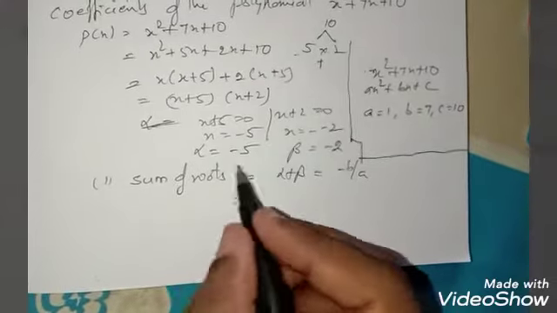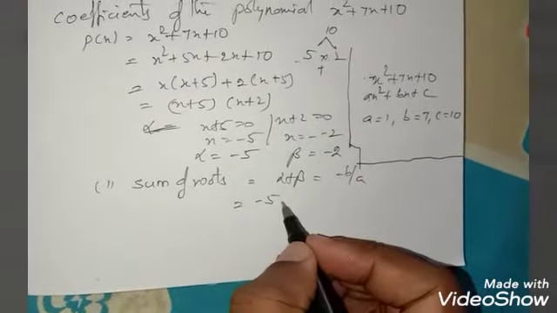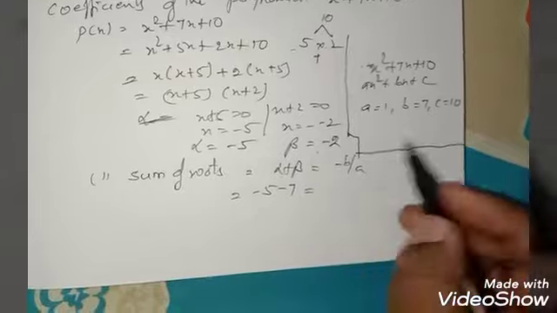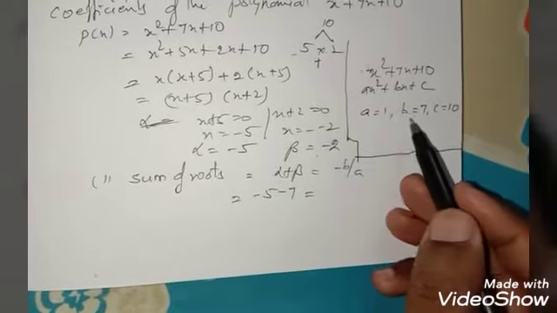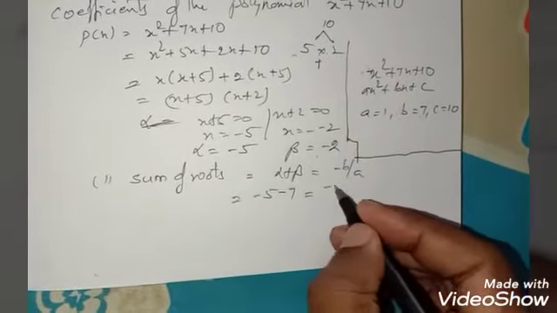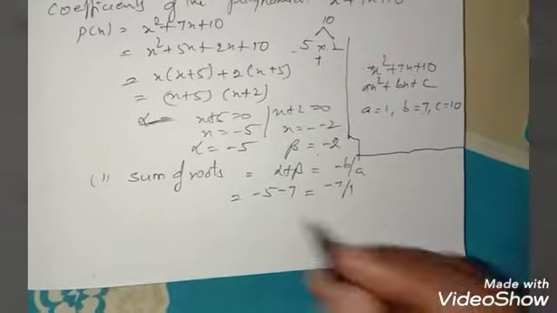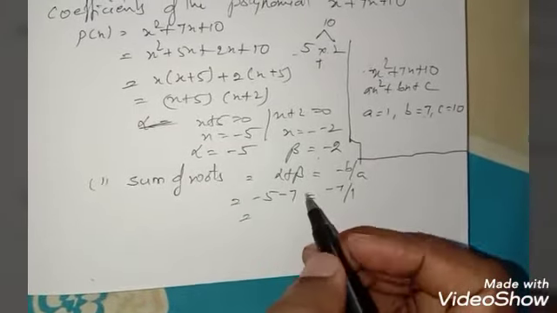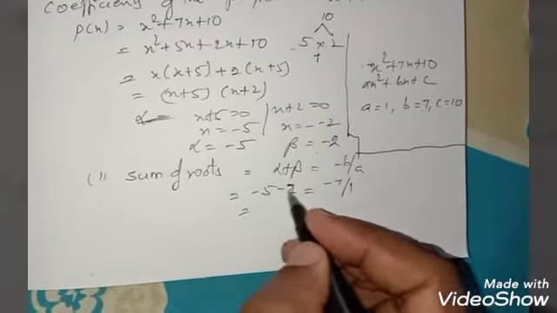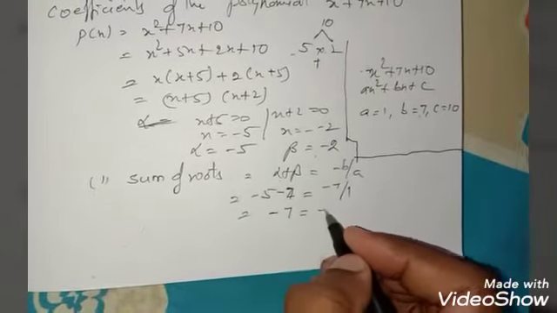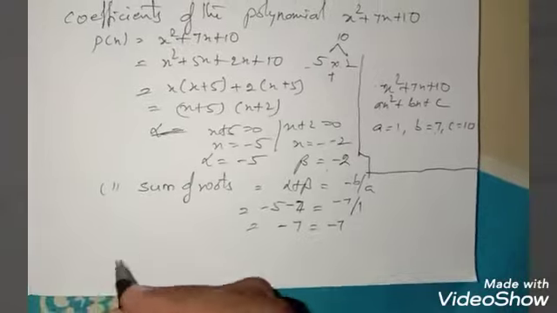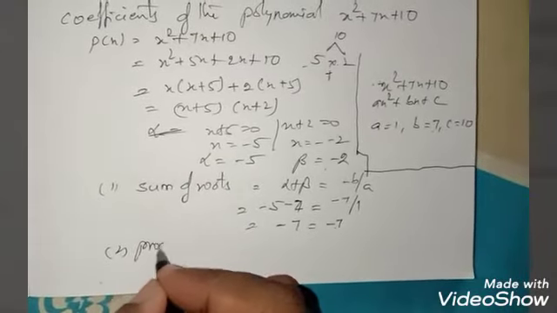Here alpha is minus 5, beta is minus 2. Here minus b is minus 7, by A, which is 1. So minus 5 minus 2 is minus 7, which is equal to minus 7. So it satisfies. Next, the second one is the product.